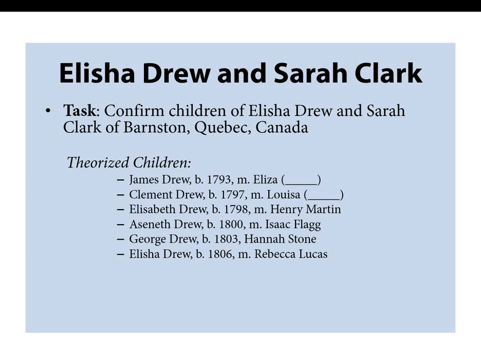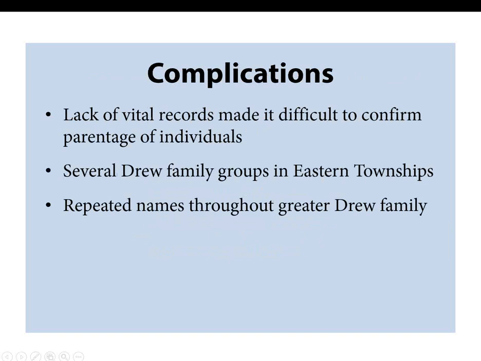James, Clement, Elizabeth, Asenath, George, and Alicia. Using a mountain of sources, she was able to put this family group together, but she didn't have that one smoking gun that proved that these were the children of Alicia and Sarah. So she was hoping that notarial records would be able to confirm these relationships.